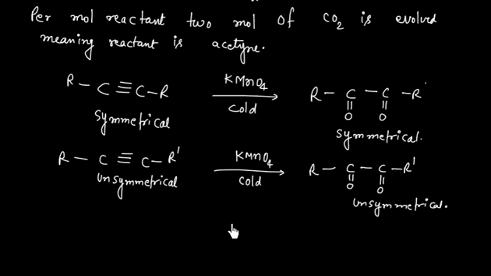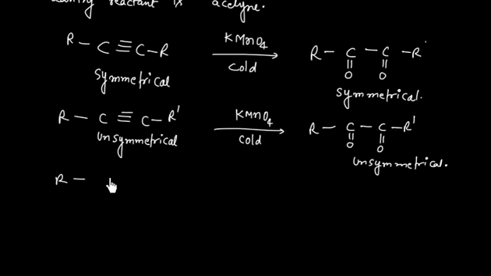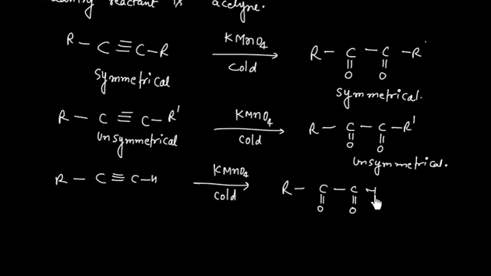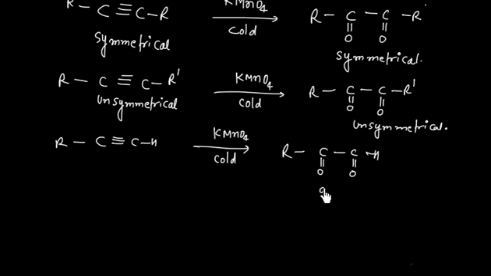If we have one side terminal alkyne, and if this is treated with cold KMnO4, we will have one aldehyde group and one ketone. So this is a case of aldehyde plus ketone.